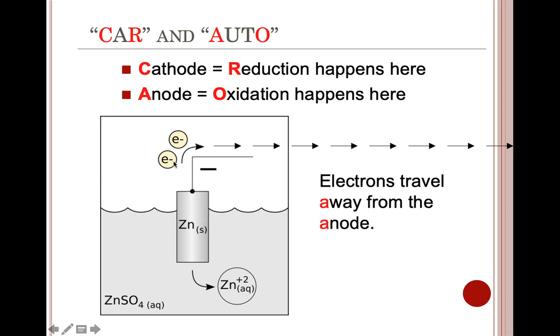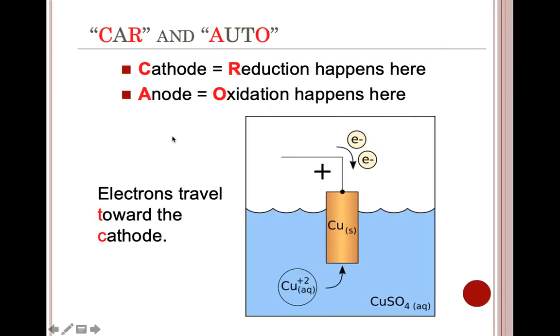The electrons are lost via oxidation here at the anode, and they're transferred to the cathode. Let's take a look at that. Now the electrons are traveling toward the cathode, and we're gaining electrons. The copper 2 ion is combining with the electrons to be reduced, and the cathode is gaining electrons, because remember, gaining of electrons is reduction.